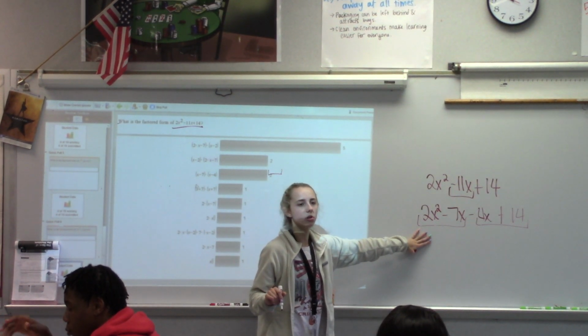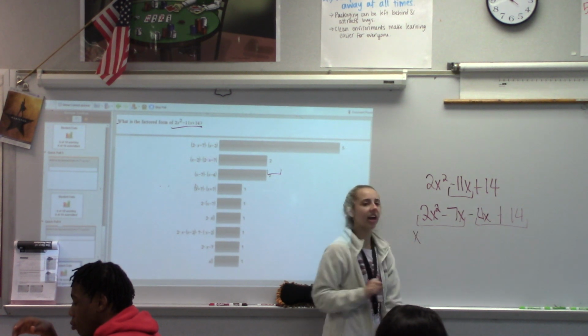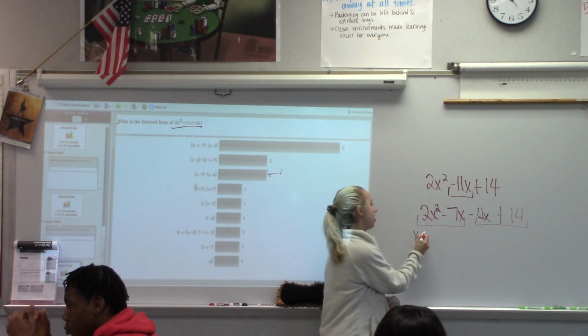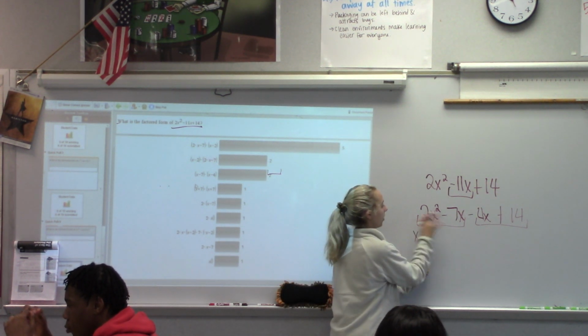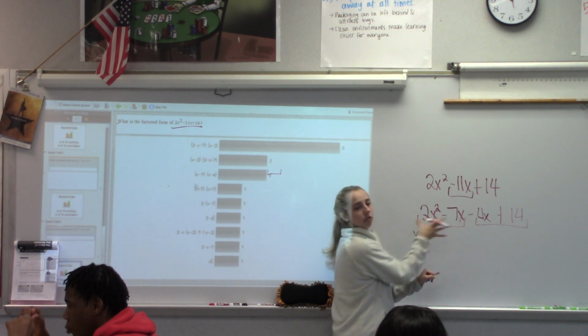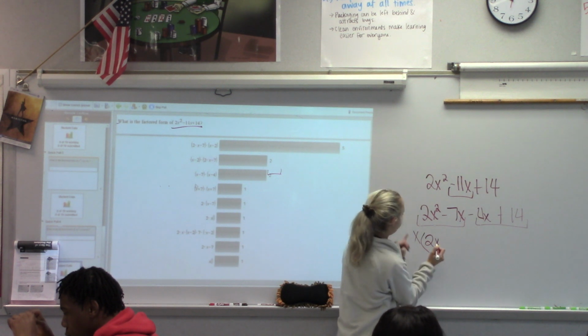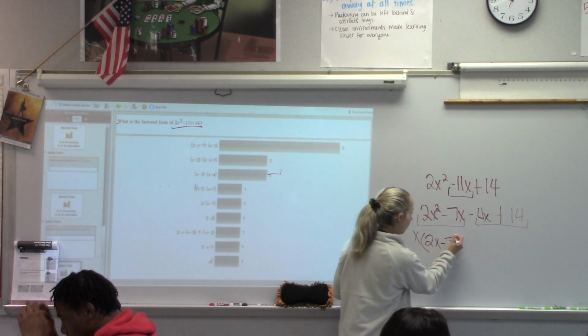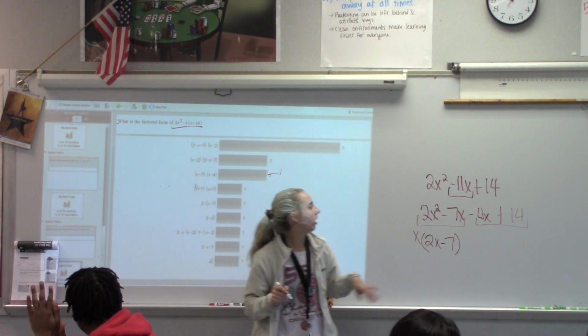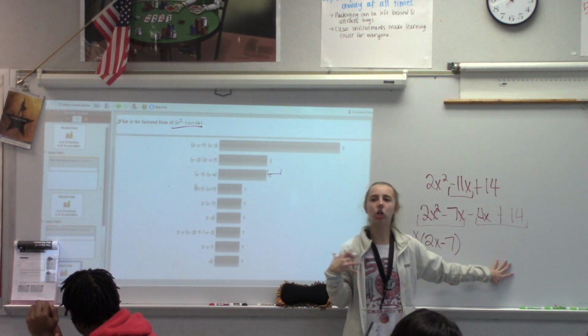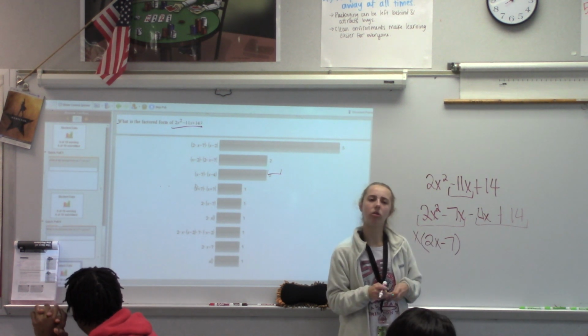Of this first group, the only thing I can take out is an x. What does that leave me, or how am I going to multiply back to this term essentially? I'm left with a 2x minus 7. So then from here, what do I need to write?